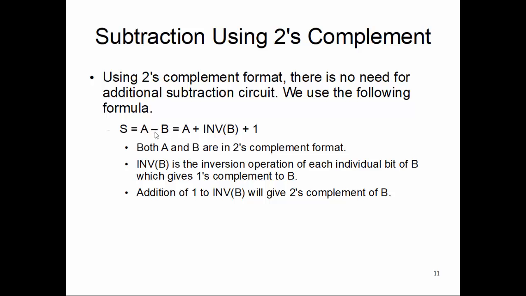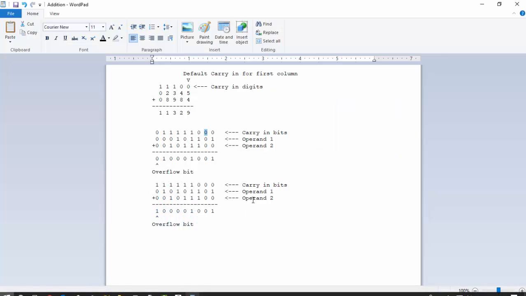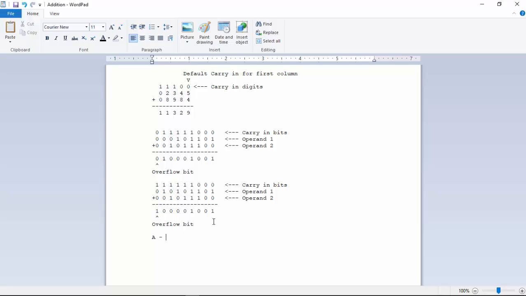So what I am saying is, let's say I am talking about A minus B. This is nothing but A plus minus B. And let's assume A is greater than 0 and B is greater than 0 as well.